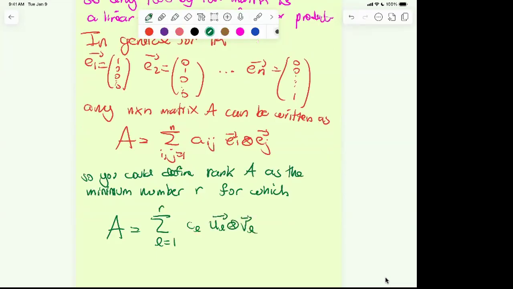So you're just asking how many summands of tensor products you need to express the matrix. And then that minimum number is the rank.